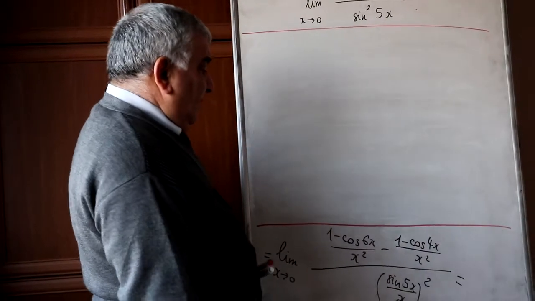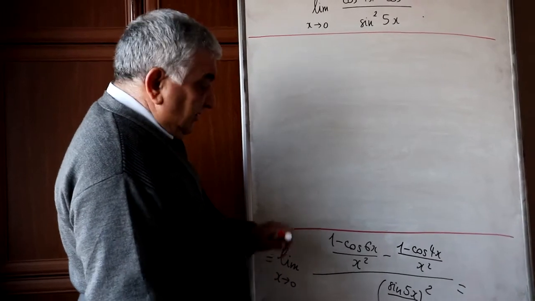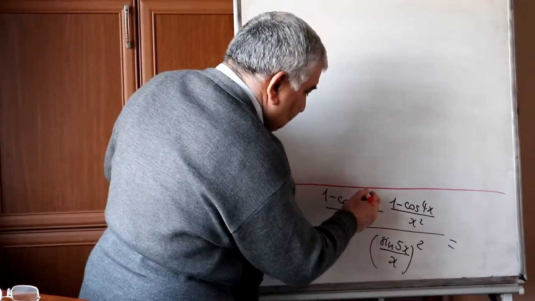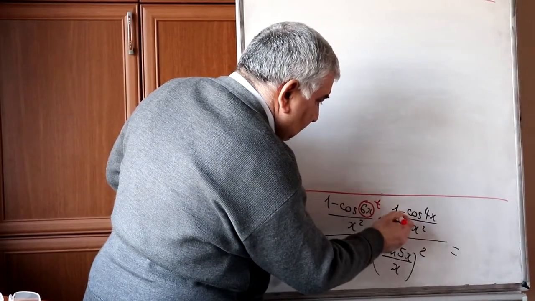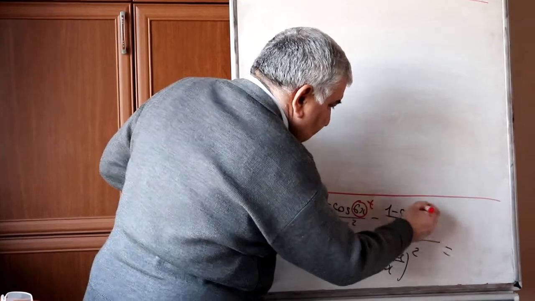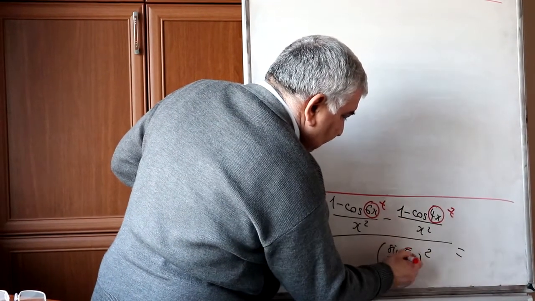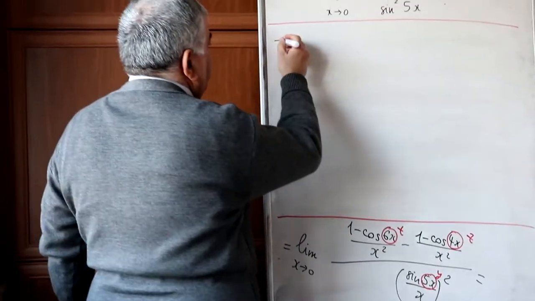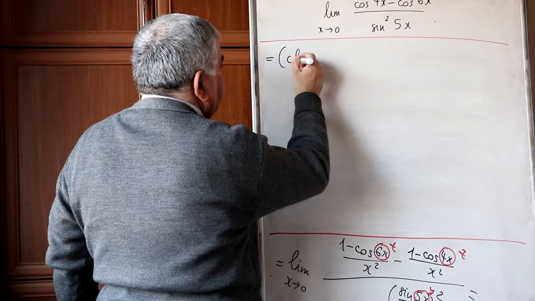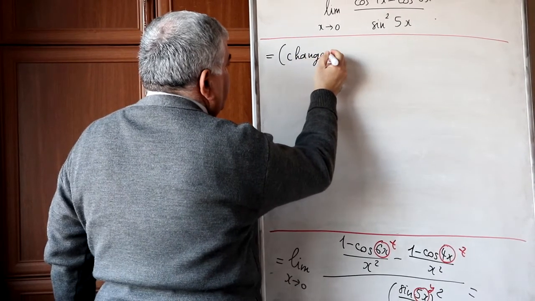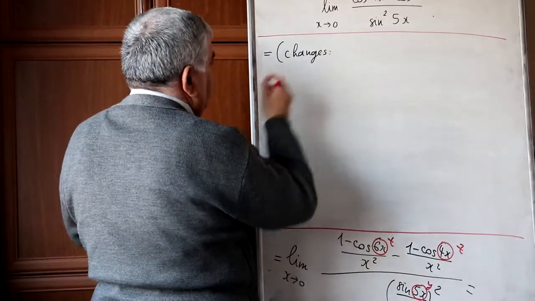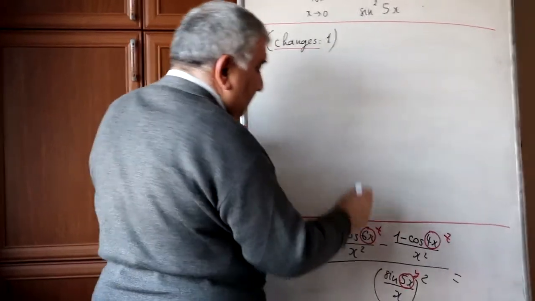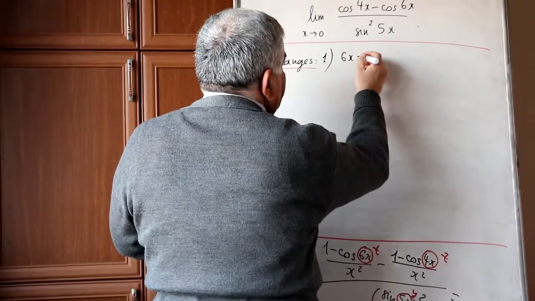Now make the following changes. Change 6x by t, change 4x by z, and change 5x by y. 6x is t.